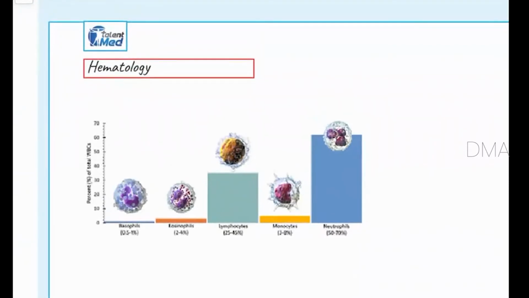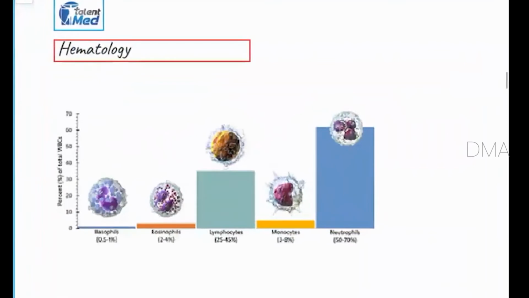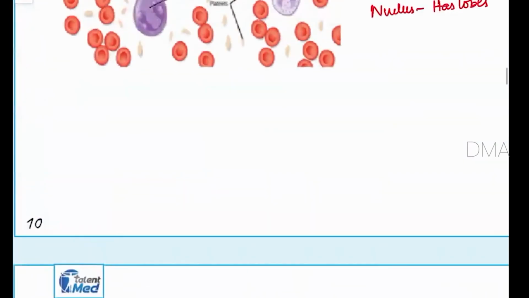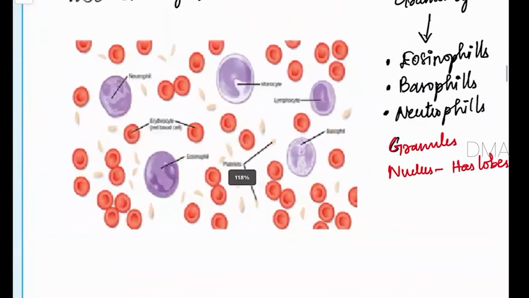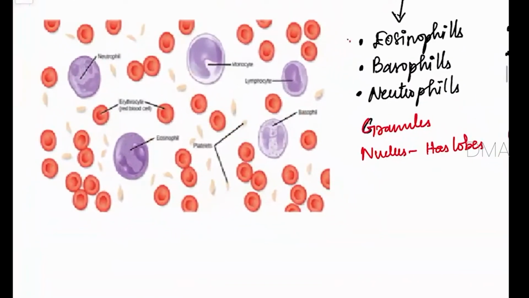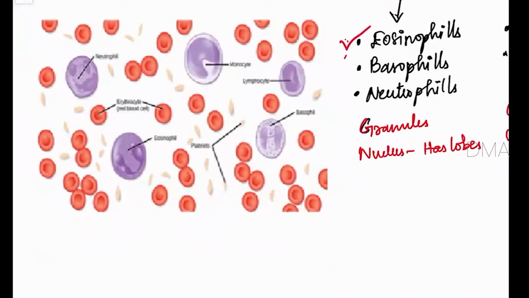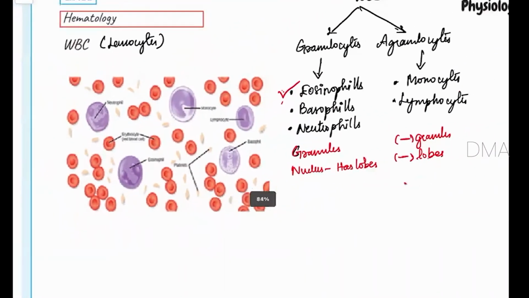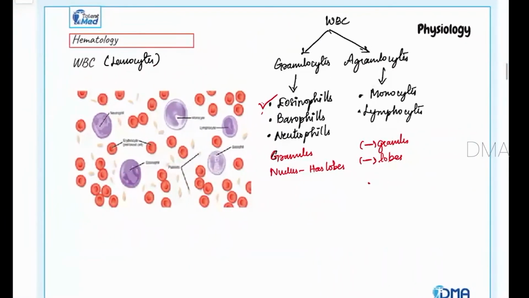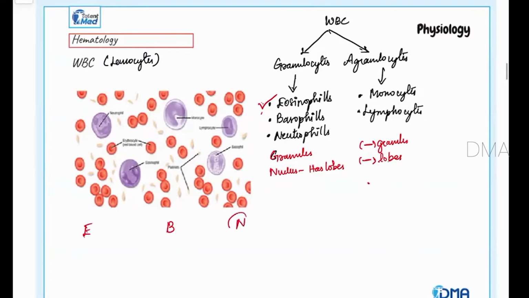I will show this picture. First look into the eosinophils. The nucleus is bilobed in shape.